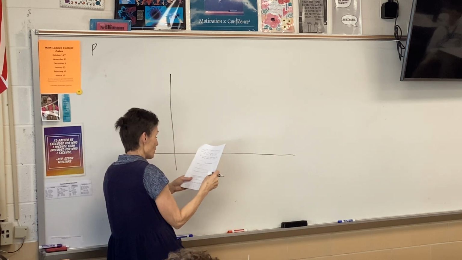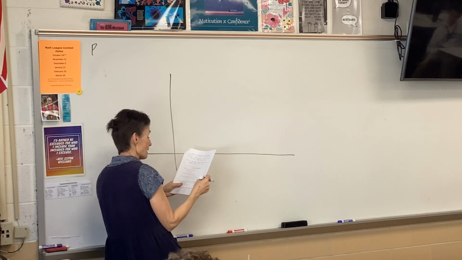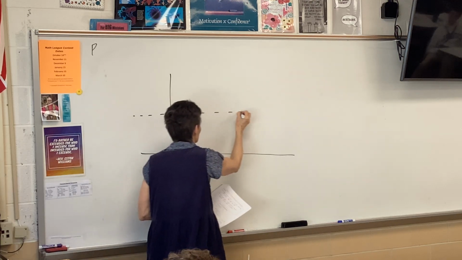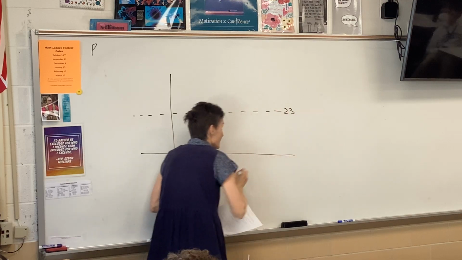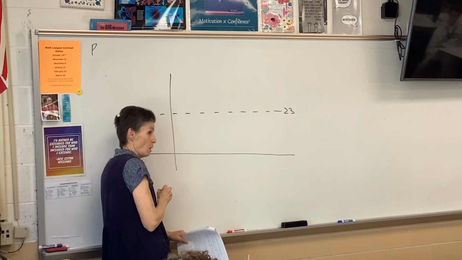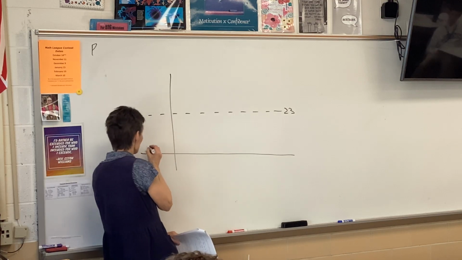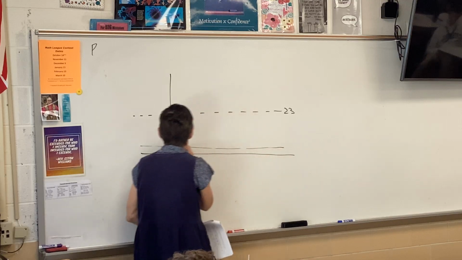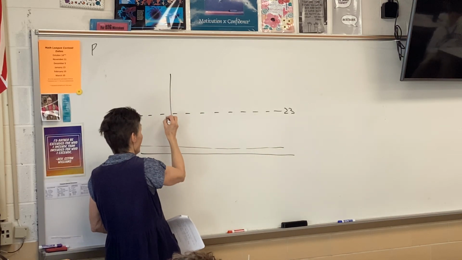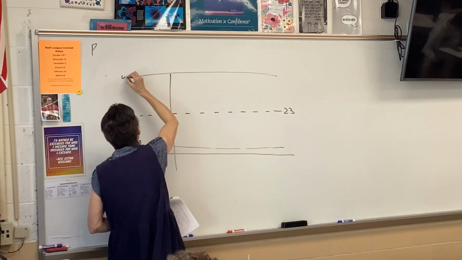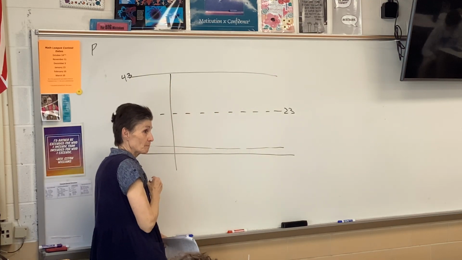All right, so what do we know about this curve? It has a midline of 23. And it has an amplitude of 20, which means it goes down to 3 and up to 43. Still with me?